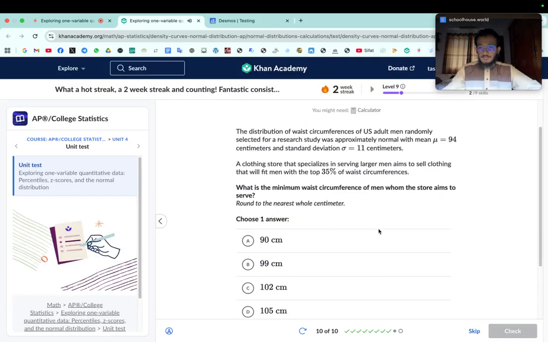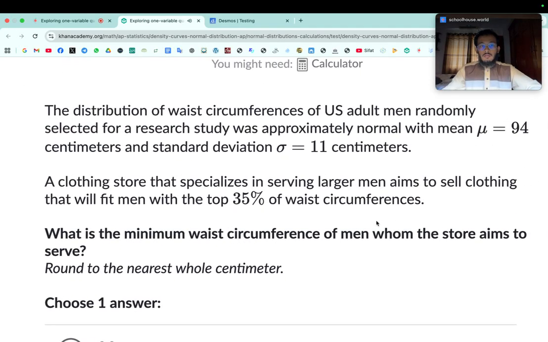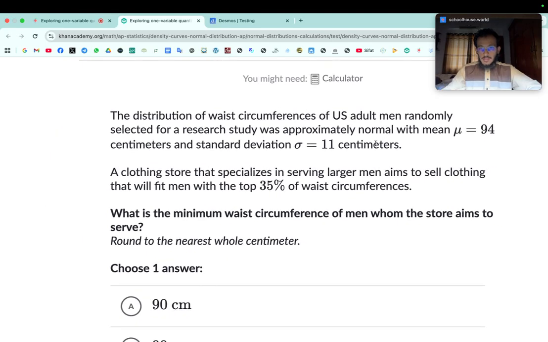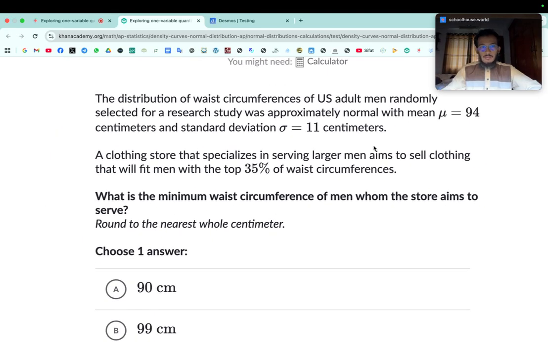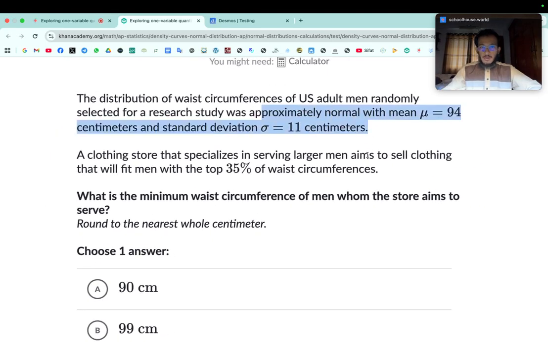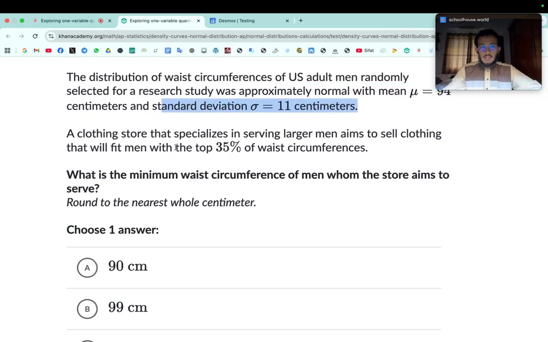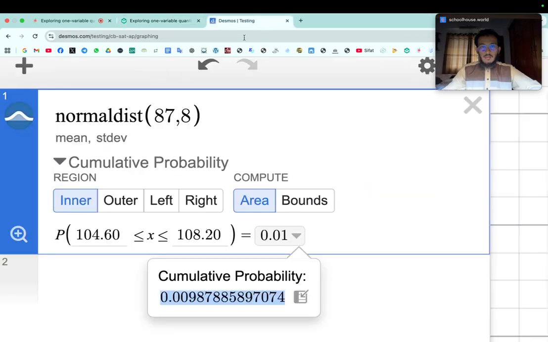Now it's okay. The distribution of waist circumference of US adult men randomly selected for a research study was approximately normal with mean this and the standard deviation this. And so again, we have mean 94 and standard deviation 11.